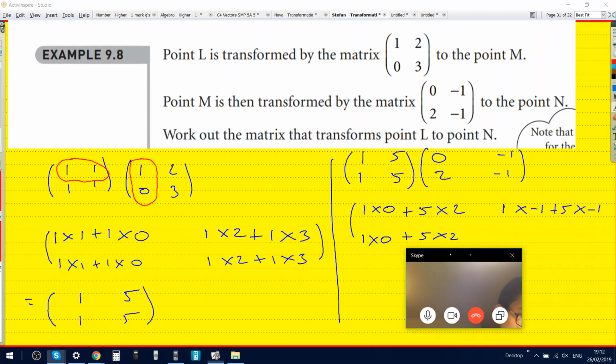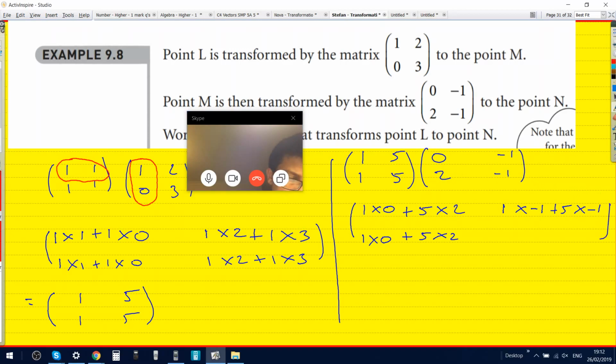So you've got 10, minus 1 minus 5, so minus 6. Okay, so that's 10 again, and then minus 6 again. So 10, minus 6, 10, minus 6.